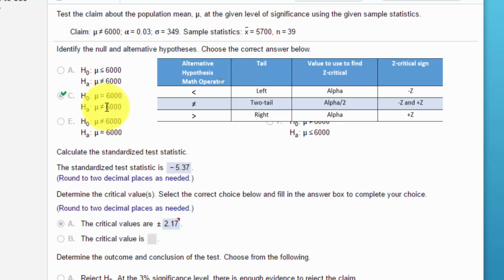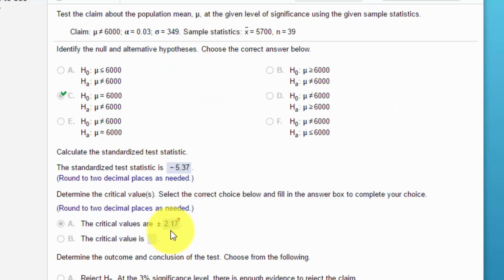Anytime the alternative contains an inequality, not equal, that tells you it's a two-tailed test. And again, go back to those charts and graphics that I posted. It's a two-tailed test. That means there has to be two critical values of Z or T, depending on the test you're running. So that's why the correct answer was the critical values are plus or minus.